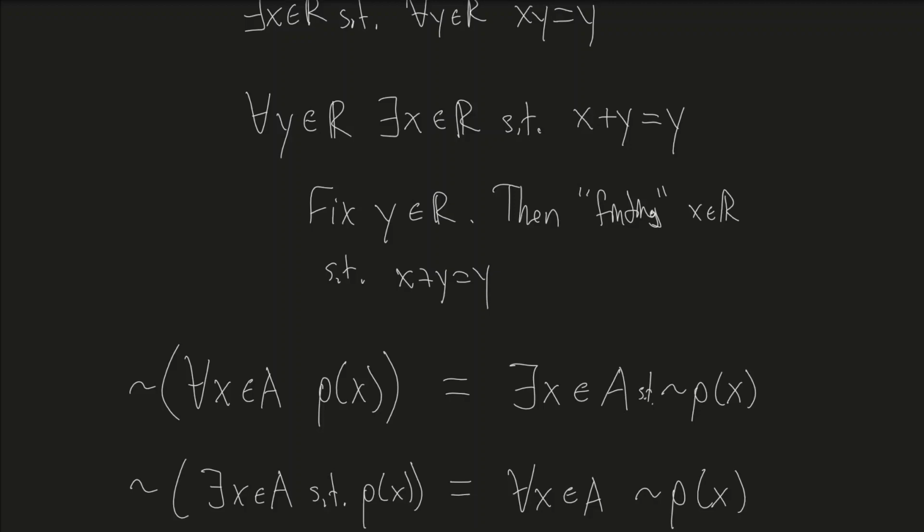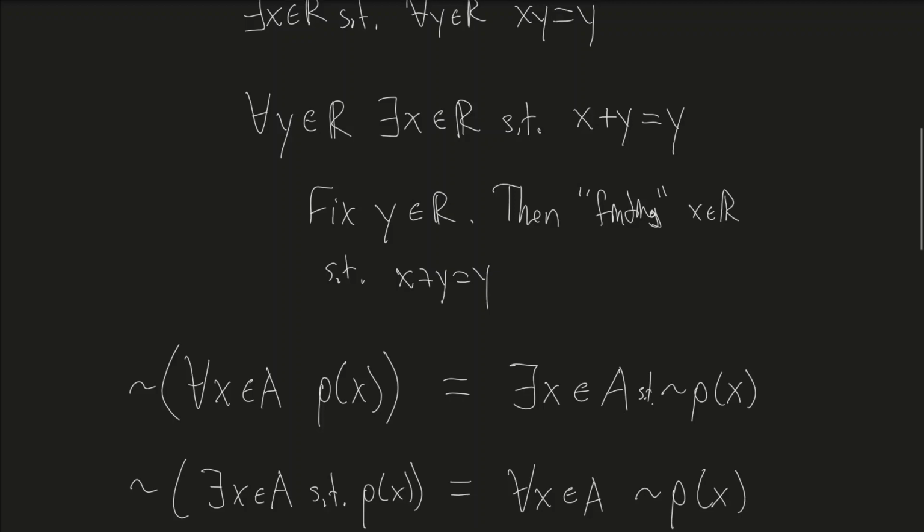Otherwise, there would exist an x in A where p is true. So if there cannot exist an x in A where p is true, the only alternative is that for every x in A, p is false. Because p can either be true or false, and that's it. So for all x in A, we have p is false.